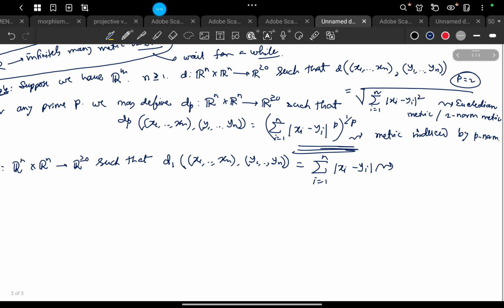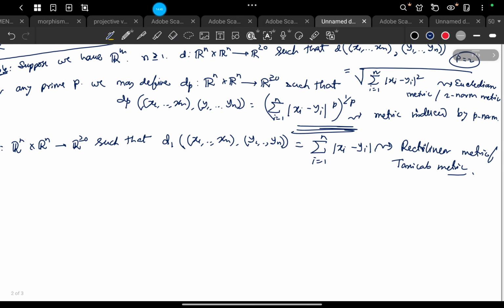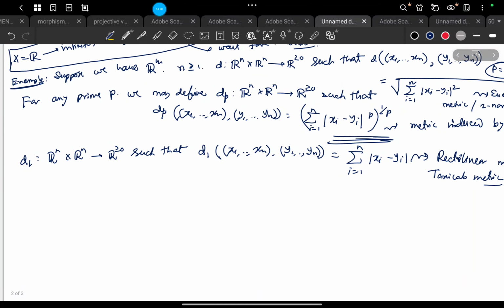This is said to be the rectilinear metric, or we say the taxicab metric. All these are examples of metric spaces.